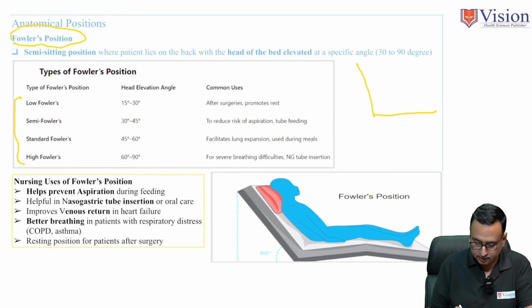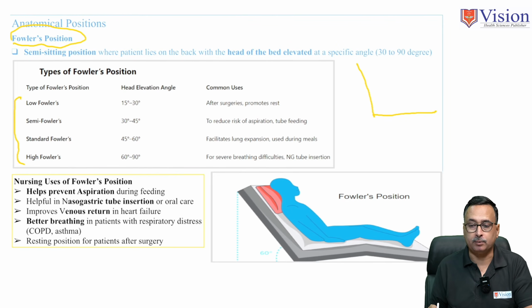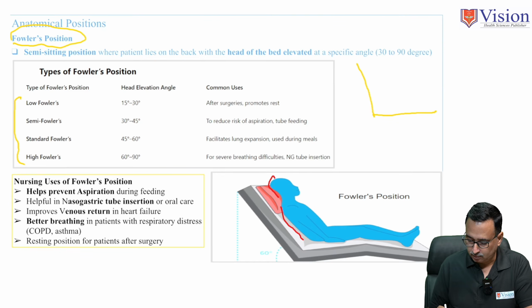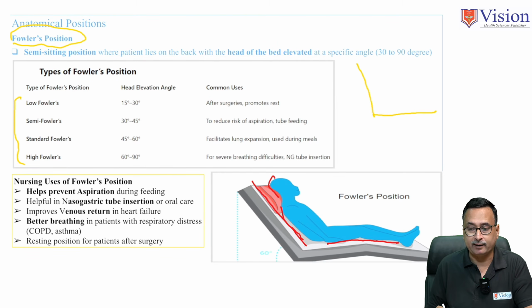It's a sitting position, the head is resting, the back is fully rested on the backrest, and the thigh and feet are resting. So there is an angle. If you draw an imaginary line from head to back and compare it with a horizontal plane, there is an angle between these two lines.